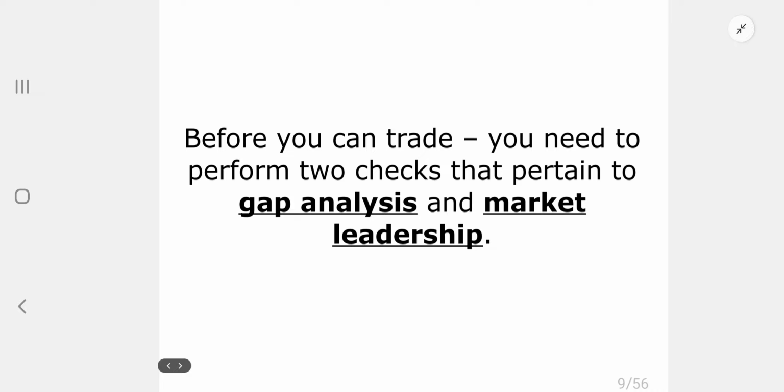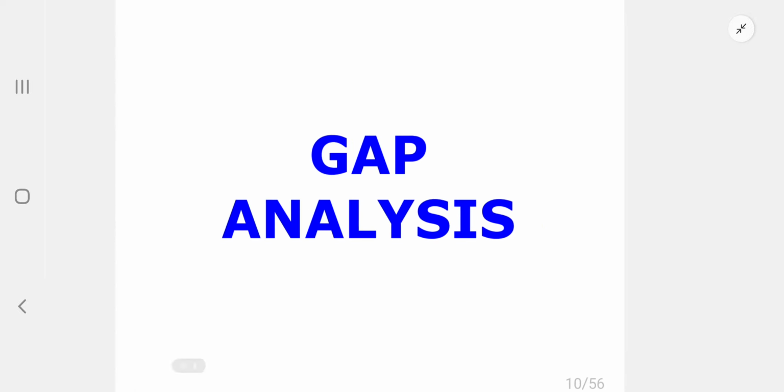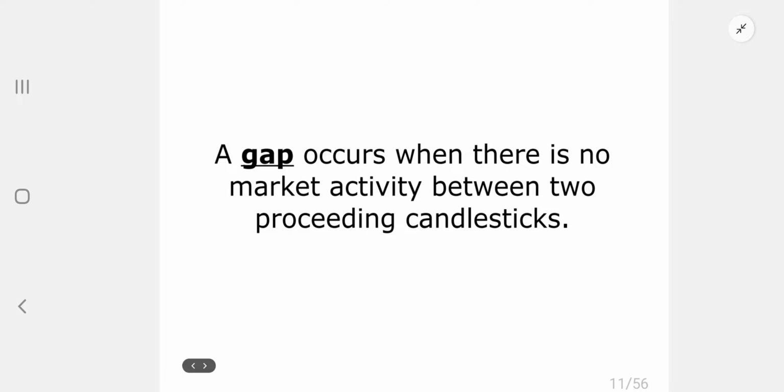Before you can trade, you need to perform two checks that pertain to gap analysis and market leadership. Gap analysis. A gap occurs when there is no market activity between two preceding candlesticks.